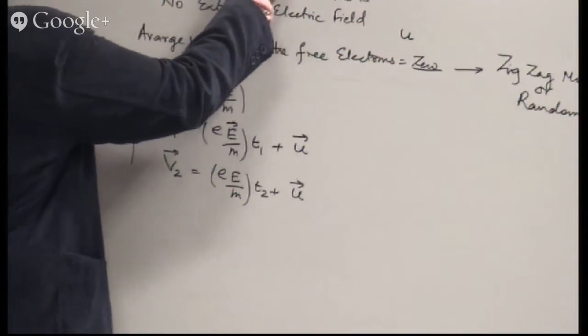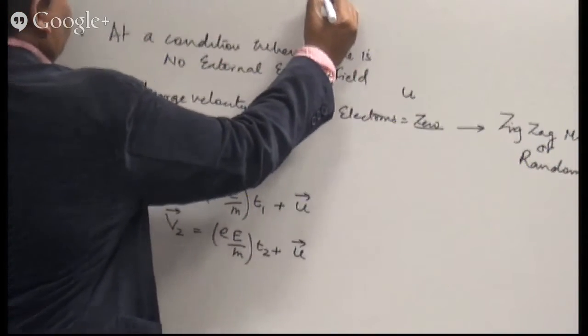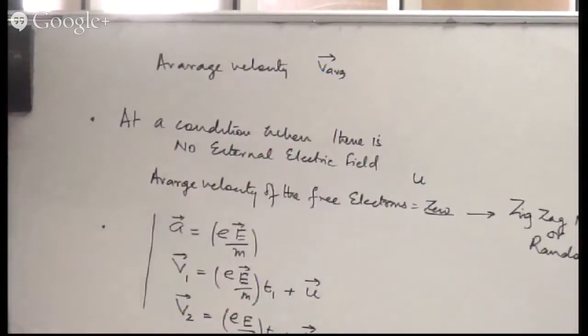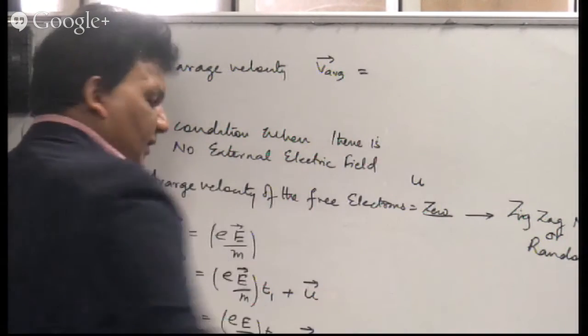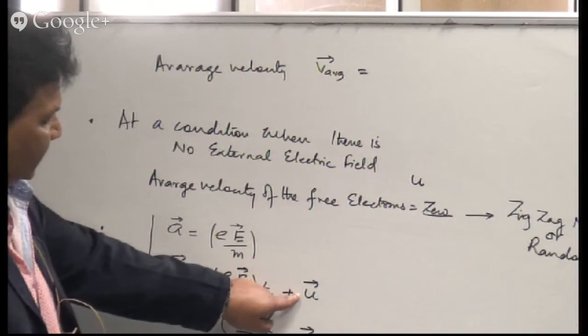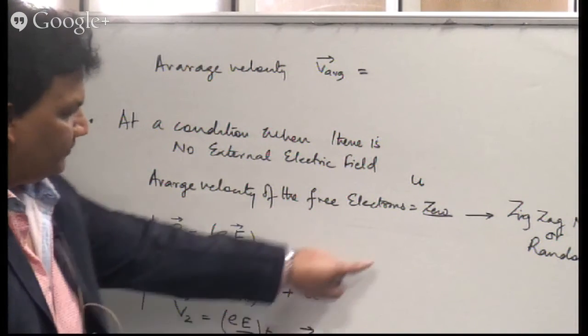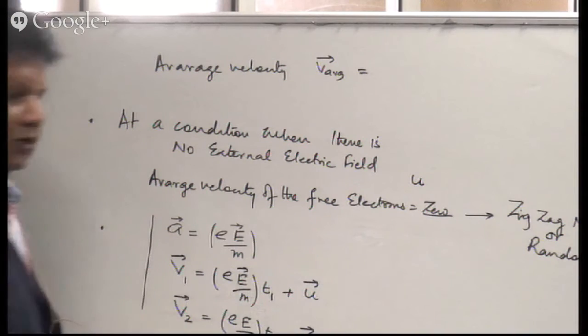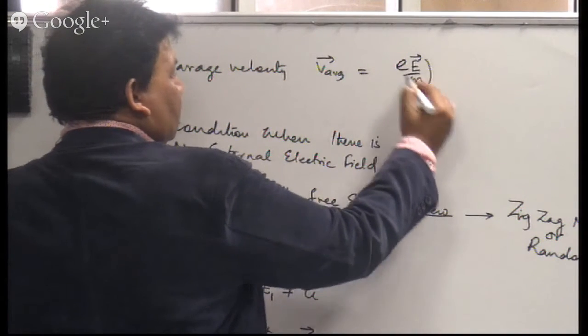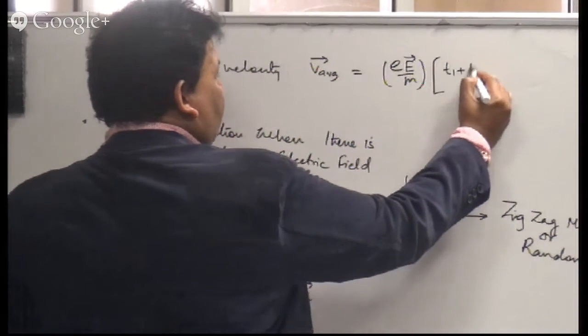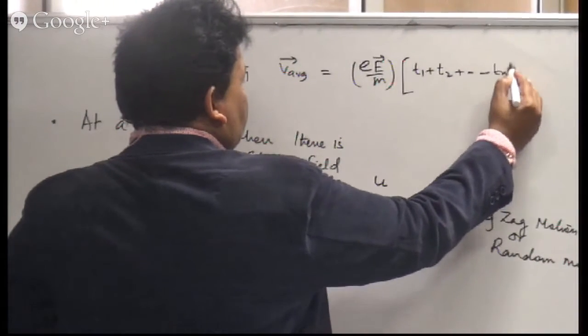What will you write for the average velocity? You add all these velocities. Once you add these velocities, what is the average of thermal velocity? So you are left with this term. If I take this as common, E by m, I can say (t1 + t2 + ... + tn) upon n.